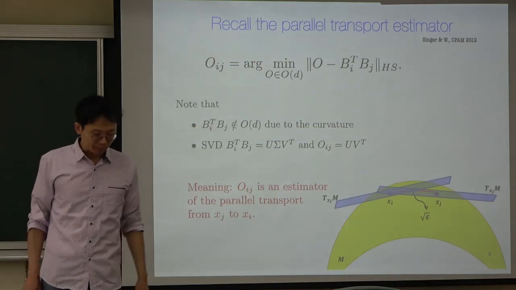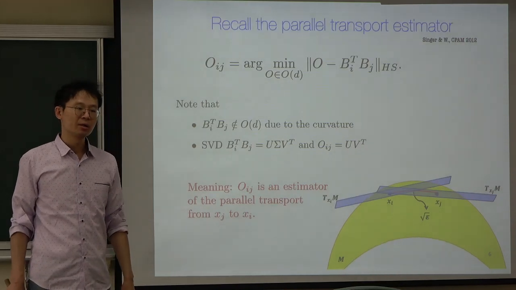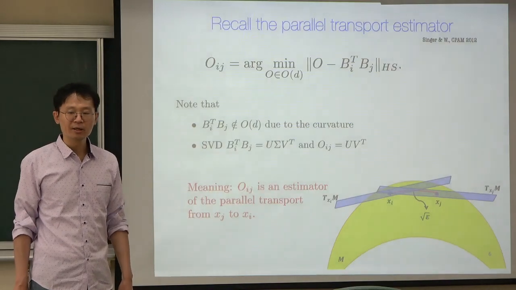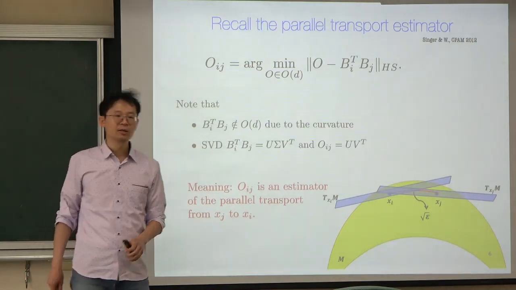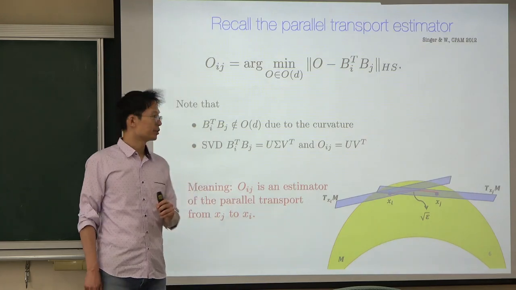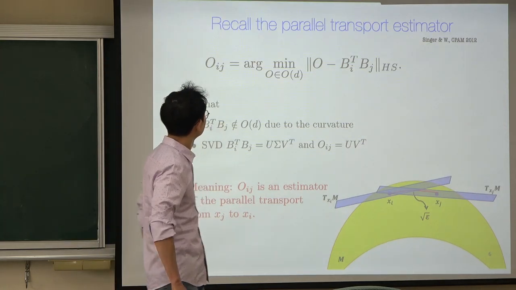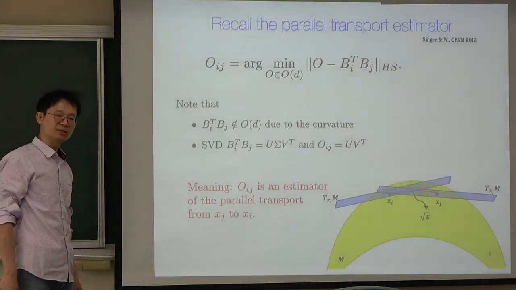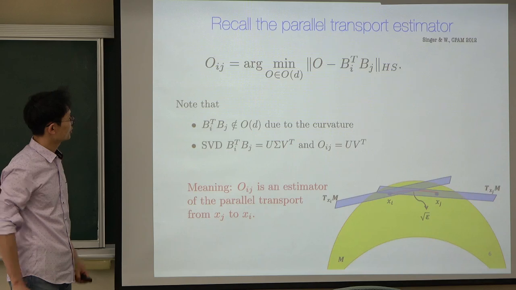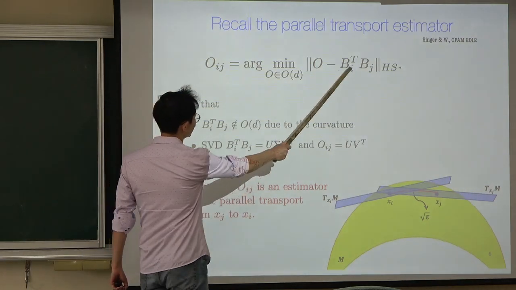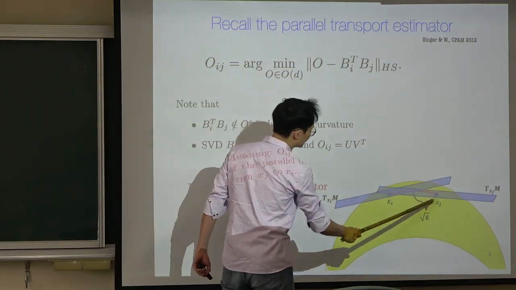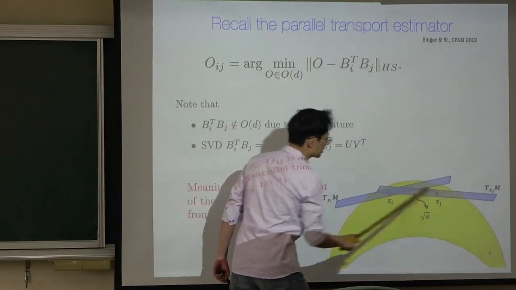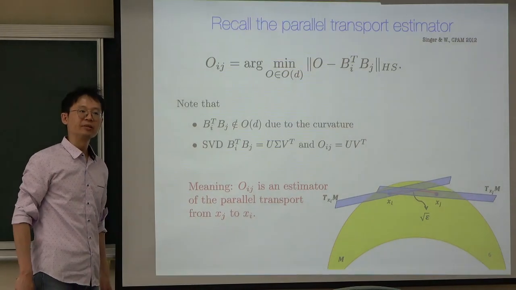So what we want is, as I said, I give you a point cloud, and I want to detect if the associated manifold is orientable or not. So how to do it? First, recall the parallel transport estimator that we discussed in the fourth lecture. First, you run local PCA at different points, and from local PCA, you can estimate a basis of the tangent space.